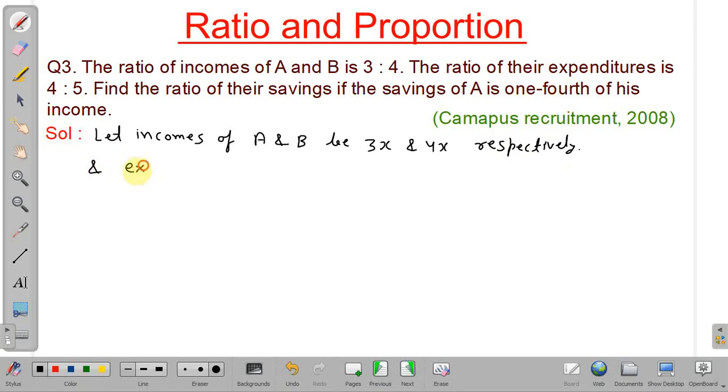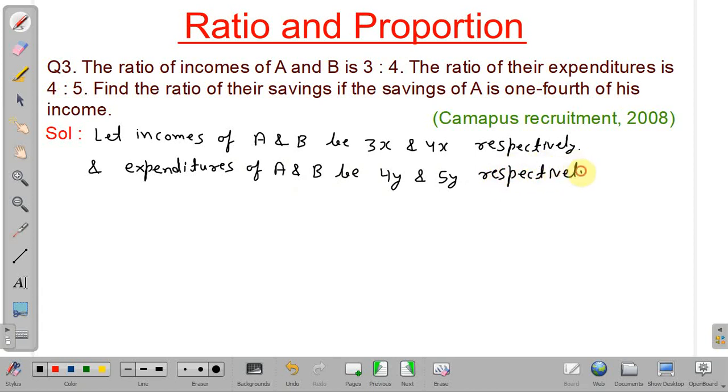The expenditures of A and B are in the ratio 4:5, so 4y and 5y respectively. Okay, next information is given as saving of A is 1/4 of its income.